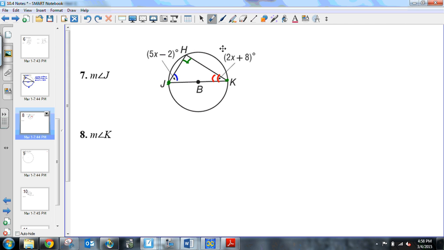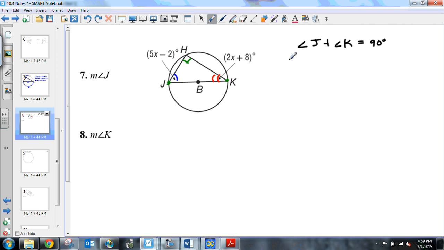I know the relationship between those two angles because in a right triangle, the two non-right angles add up to 90. So angle J plus angle K added together give me 90 degrees.